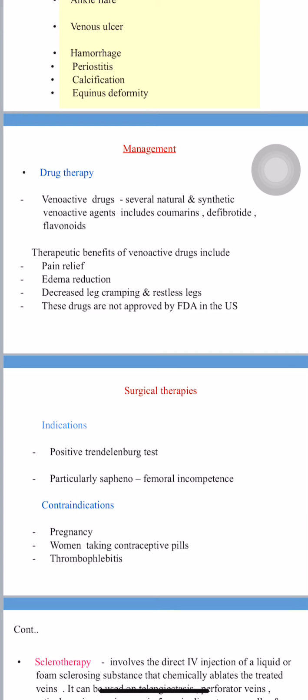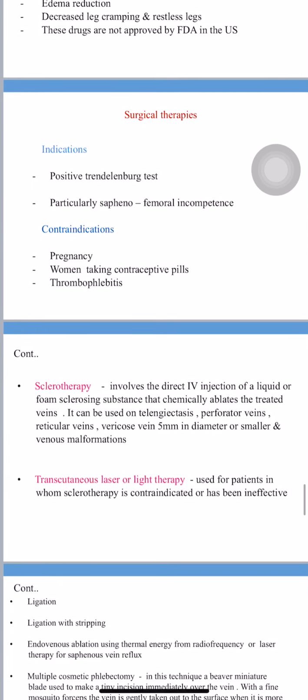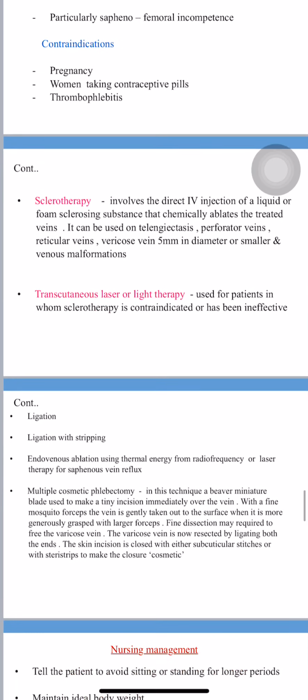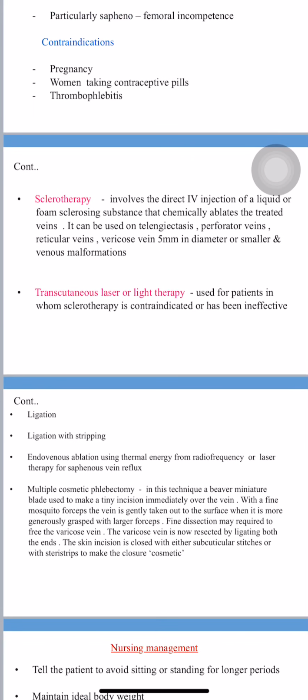Indications are mainly a positive Trendelenburg test, particularly saphenofemoral incompetence, and contraindications include pregnancy, women taking contraceptive pills, and thrombophlebitis. The intervention is mainly sclerotherapy.